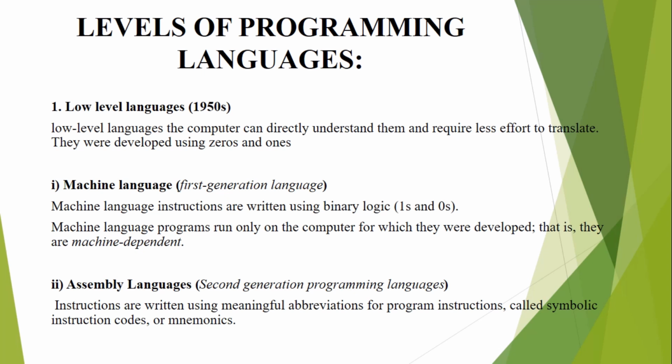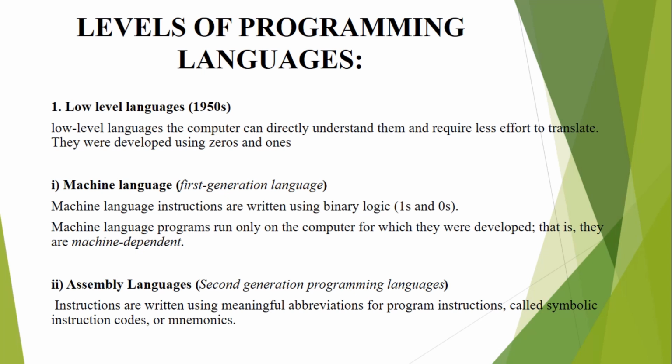Machine language uses binary logic, the zeros and ones, and runs only on the computer for which it was developed. Thus, we refer to this as machine dependent. It can only run on that particular machine where it was created.